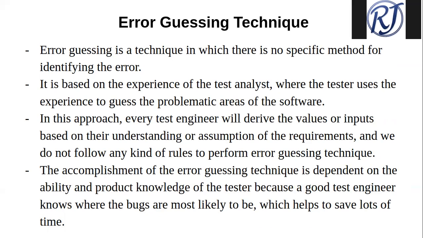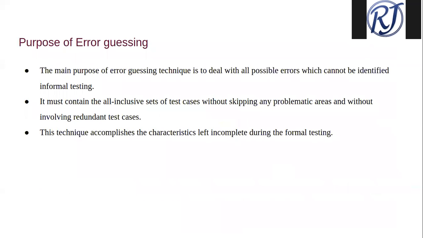For example, every tester knows that whenever we leave a blank field in the input box, it should display some error message. So on the basis of his experience, he can check each and every input field for blank input. And every tester knows that division by 0 is not possible, so in that case also he can use this kind of technique.